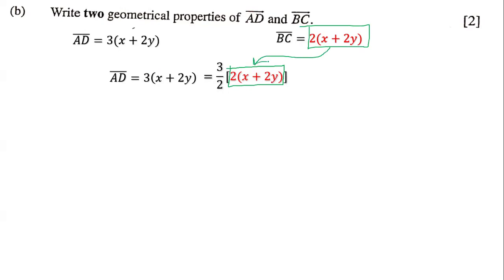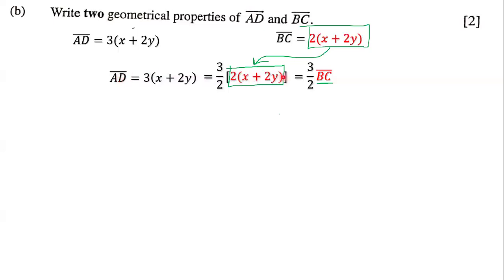So that means that instead of writing 2 open bracket x plus 2y, I can say 3 over 2 multiplied by BC. And so that means that AD is equal to 3 over 2 BC, and that makes sense.